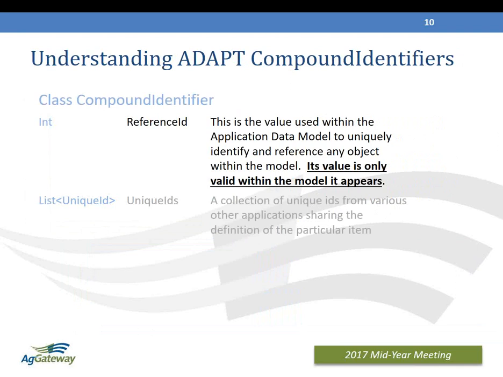If that same information, a field, a grower, a farm, a crop zone, etc., is used in another application data model, it will likely have a different reference ID. But the reference ID within the application data model can be used to associate it with some other piece of information.